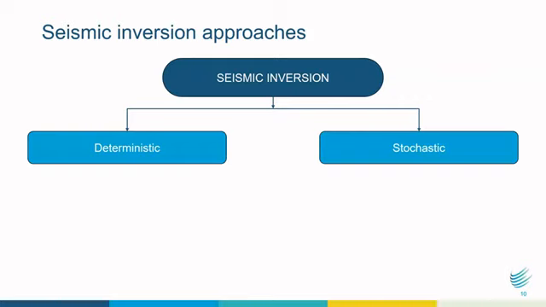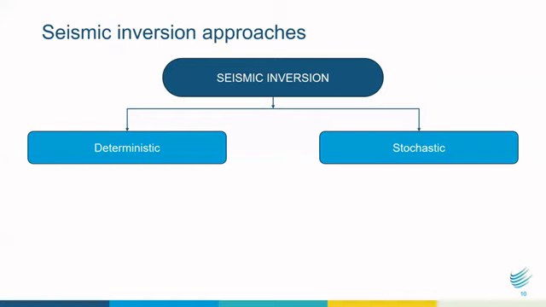In stochastic inversion, we have multiple equally probable models of elastic properties, for example, 100 models of P impedance. This gives us the ability to estimate the uncertainty of the final result.